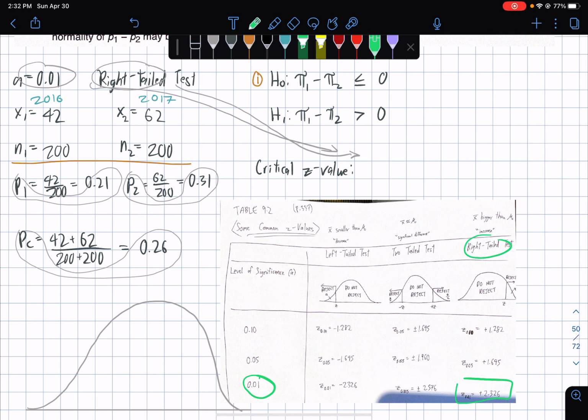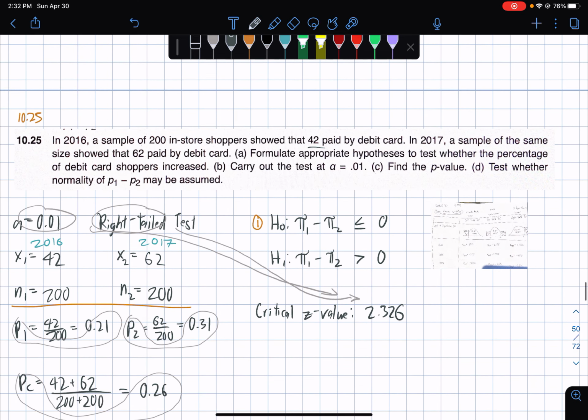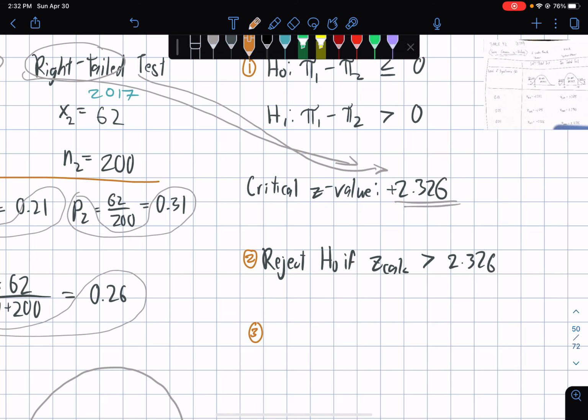It goes to positive 2.326 again. So, statement: reject H0 if Z-calc is greater than 2.326. And then for step 3, the computation.